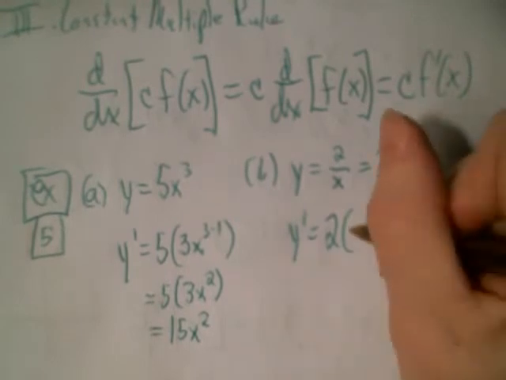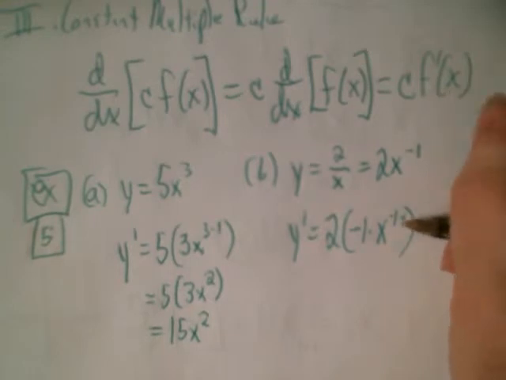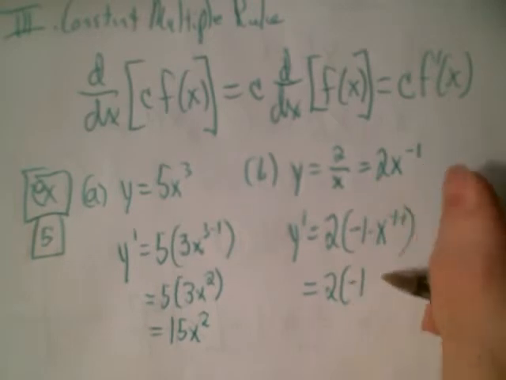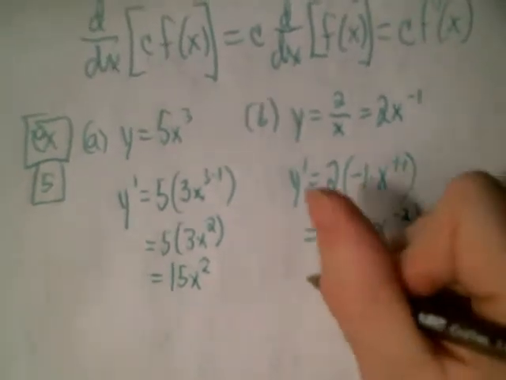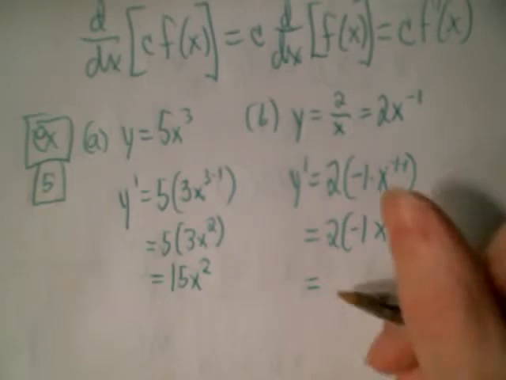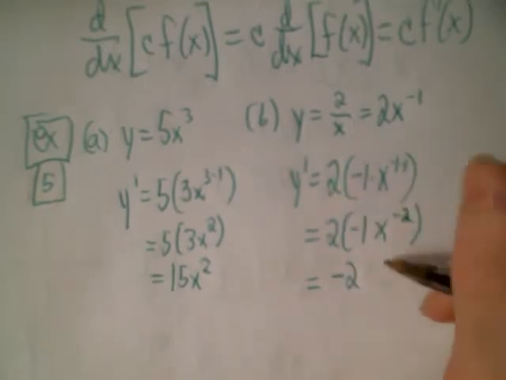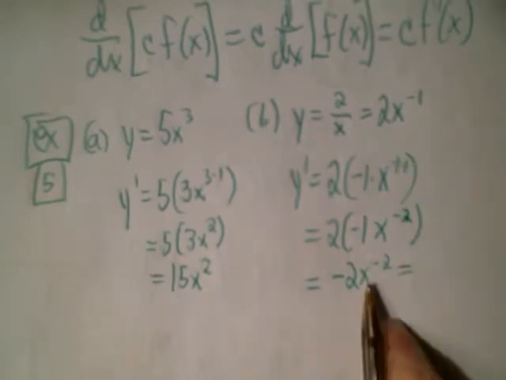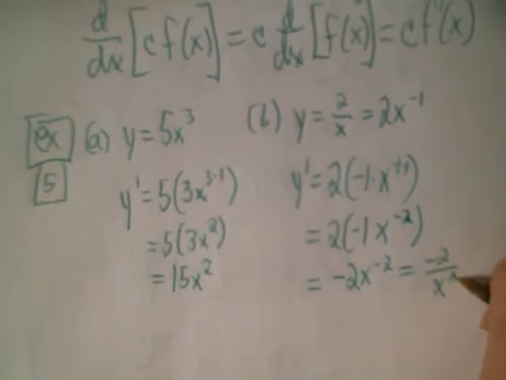So I'll bring down the negative 1, and then I have x to the negative 1 minus 1. And of course, that's just 2 times negative 1, x to the negative 2. And clean it up. You know, don't make somebody else do your laundry. So you have negative 1 times 2 is negative 2, x to the negative 2. And then, you know, you hate negative exponents, so you put that in the downstairs. So it would be negative 2 all over x squared.